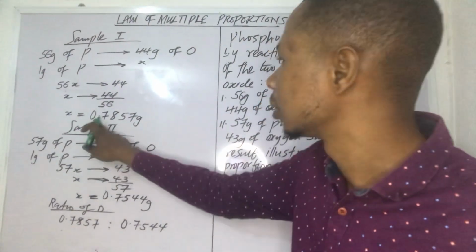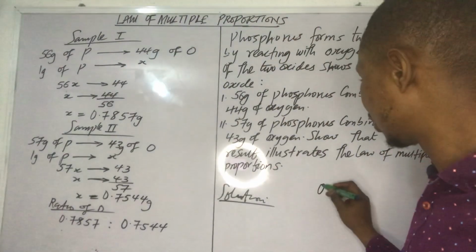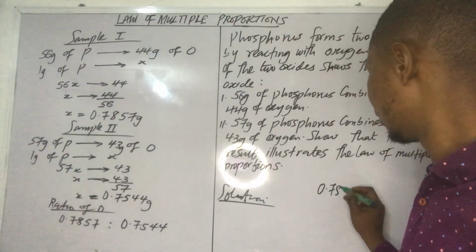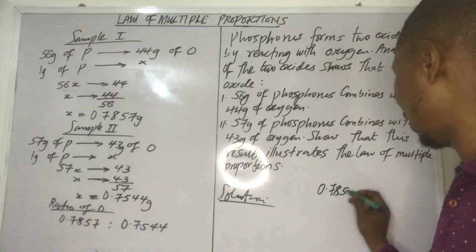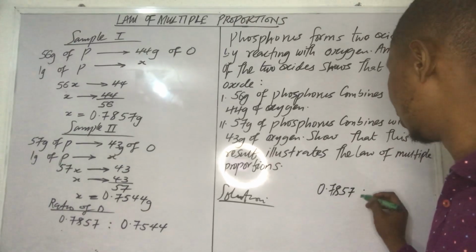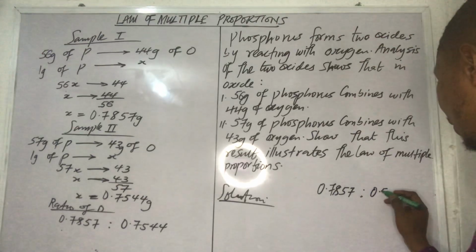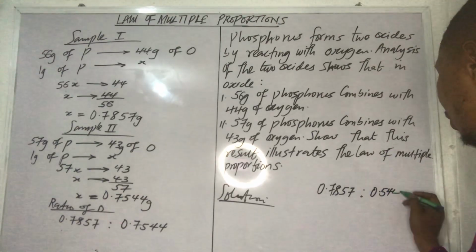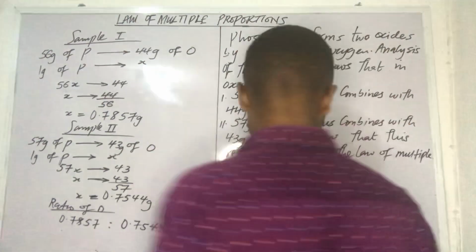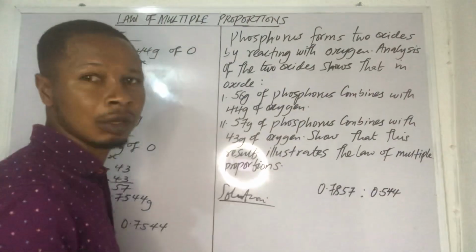In sample 1 you have 0.7857, and in sample 2 you have 0.7544. Then I divide by the smallest of these, which is 0.7544. So I will find the ratio of oxygen in the two samples: in sample 1 you have 0.7857, and the ratio in sample 2 is 0.7544. Now divide by the smallest.